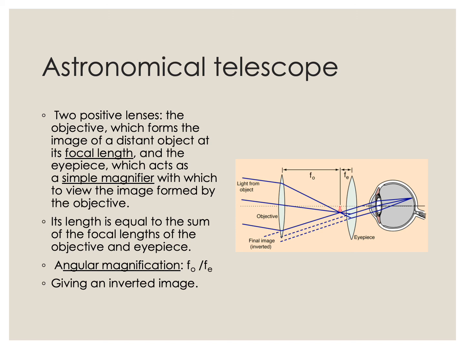Its length is equal to the sum of the focal length of the objective and the eyepiece, and it gives an angular magnification which is equal to the focal length of the objective lens divided by the focal length of the eyepiece, and this results in an inverted image.